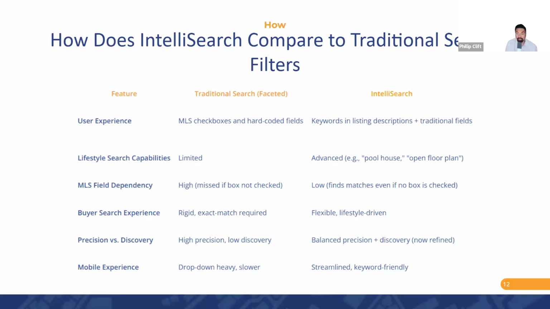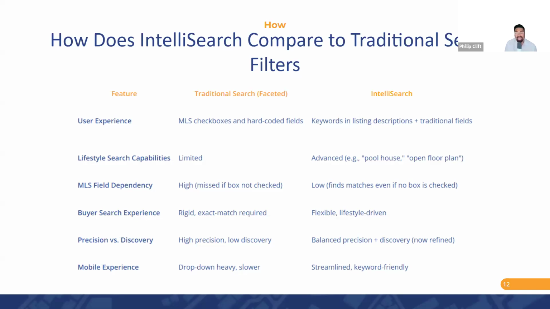With IntelliSearch, we look to enhance all those things, right? So the user experience, like we mentioned in the previous video, is for keywords and listing descriptions plus traditional MLS fields. With that, because we're looking at listing descriptions, you get more advanced lifestyle search capabilities. So things that you're writing in listing descriptions, such as pool house, open floor plan, high-end finishes, things like that are now going to be easier to find for you and your site visitors.